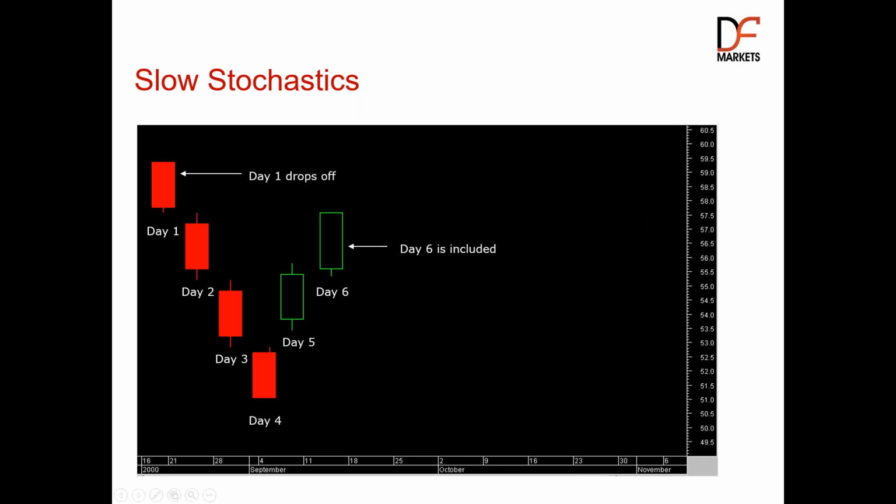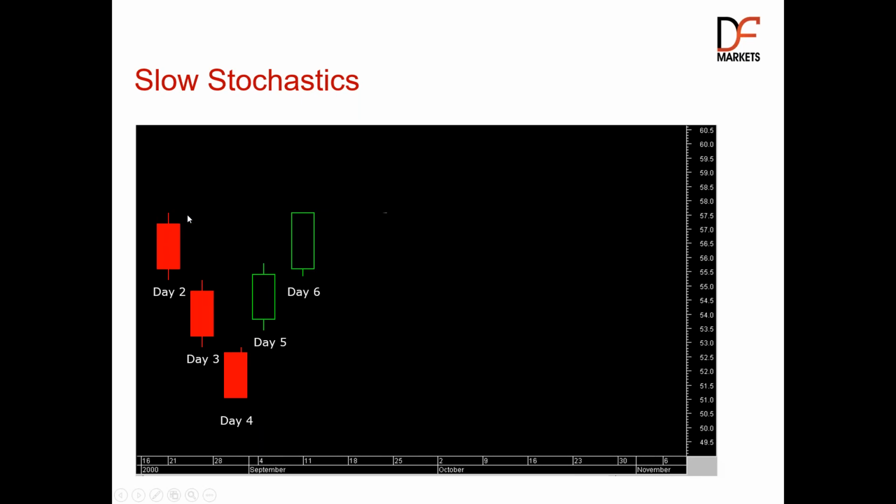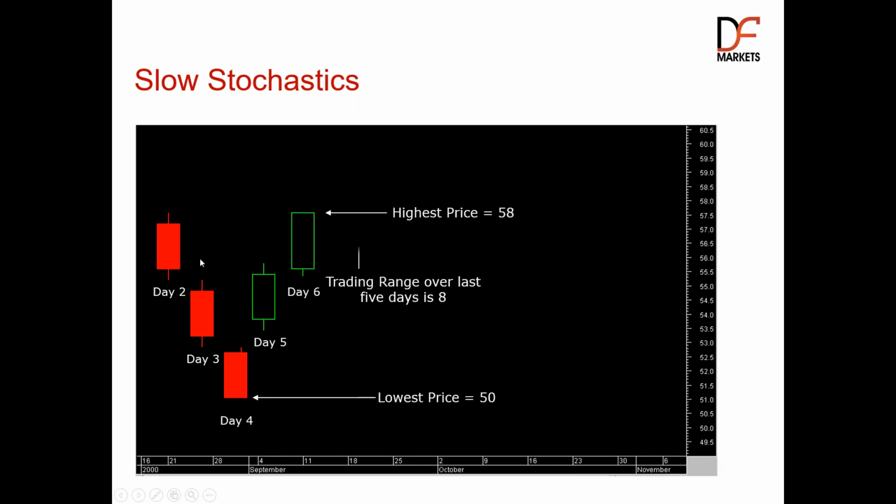Okay, if we have a new day, and so we're talking about day 6 now, and up we go to here to close, and we lose the first day. So we're just looking at the last 5 days. We're losing a day off the end as we add a new day on this end. And now the trading range over the 5 days that we've got in front of us is 8, because it's 50 to 58, and we close at 58.